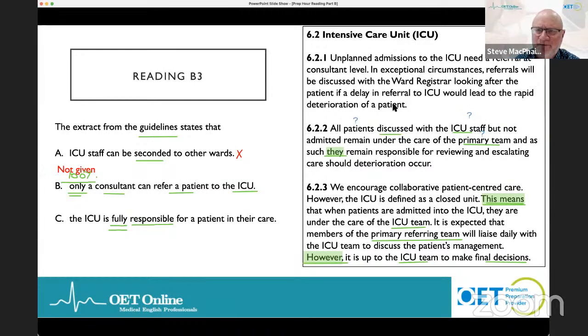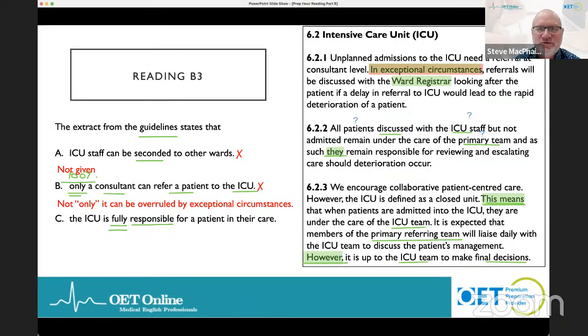It says here, this is the key, look, again, it's another signal word. We know that's wrong because it says in exceptional circumstances, referrals can be discussed with the ward registrar. So the ward registrar looking after the patient can get involved. So no, not only. The problem is the word "only".